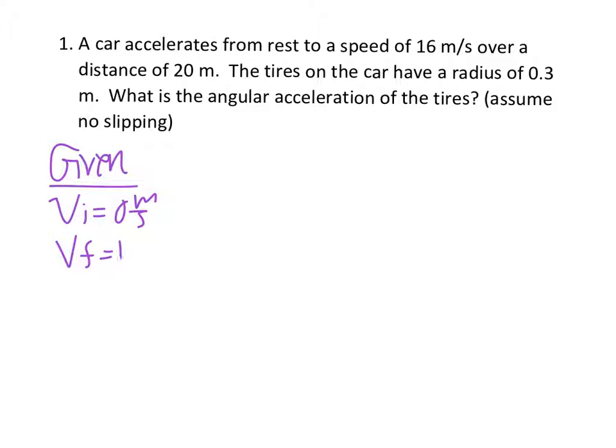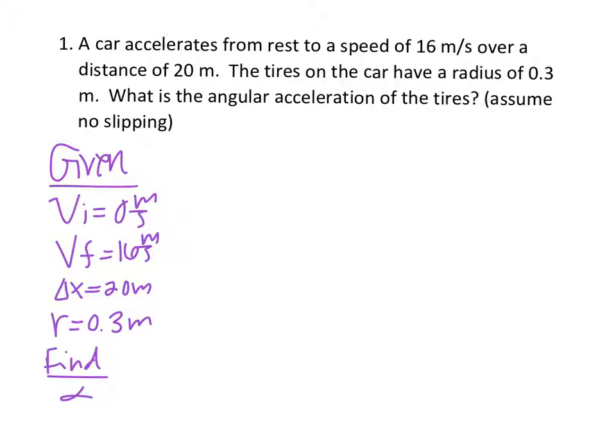V final is 16 meters per second. And delta x is 20 meters. It tells us the radius of the tires, 0.3 meters. And we are looking for angular acceleration.